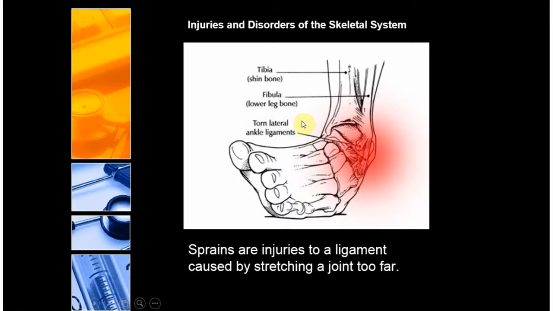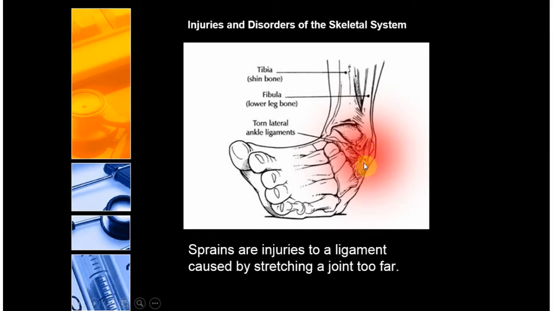A second injury or disorder of our system is something called a sprain. Now, we experience that a lot, especially when we're running around. A lot of us twist our ankles, and that's what basically happens. Now, this long bone here is called a fibula. A fibula is attached to your ankle bones over here by a ligament.